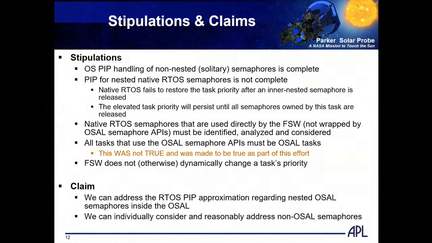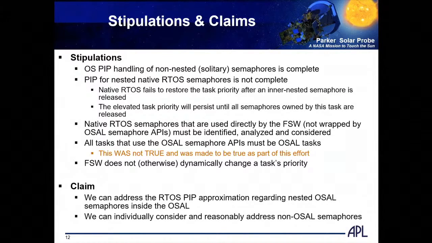So there were some assumptions or stipulations that we needed to make in order to get that model to work. We were confident that the handling of non-nested semaphores was good. It's really just that handling of nested semaphores where it doesn't lower the priority back down. If there are semaphores that are not using the OSAL, those need to be considered and handled specifically.